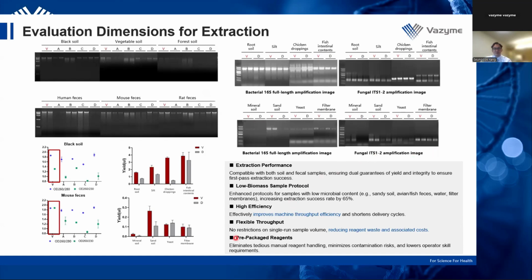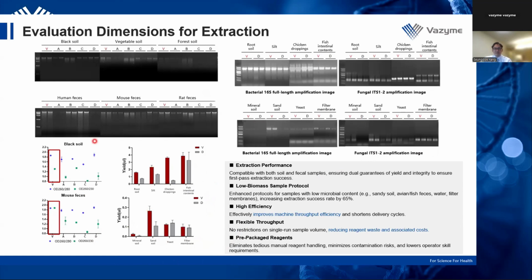And below the gel, the quantitative yield and purity data support these visual results. In the bar graph, the Vazyme in red color shows consistently higher yields than the D brand, especially in challenging samples like chicken droppings and filter membranes.